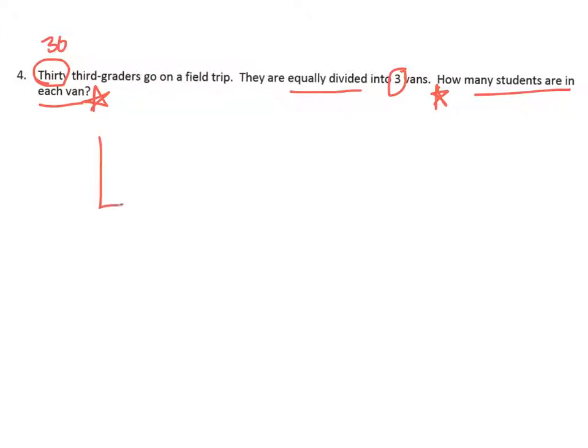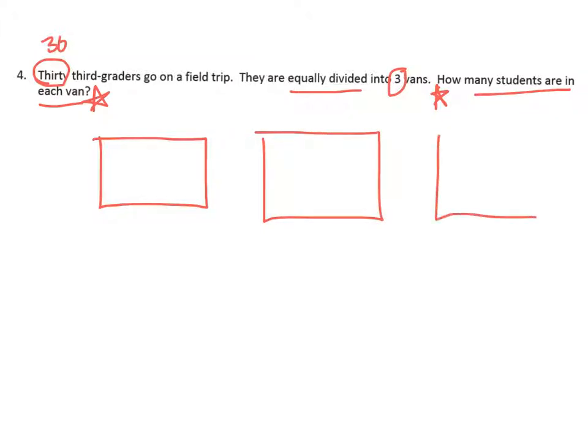So I'm going to just draw a picture to represent here's 1 van, 2 vans, and 3 vans. It says that 30 third graders go on the field trip. So my total was 30, and I'm going to divide it into 3 vans.